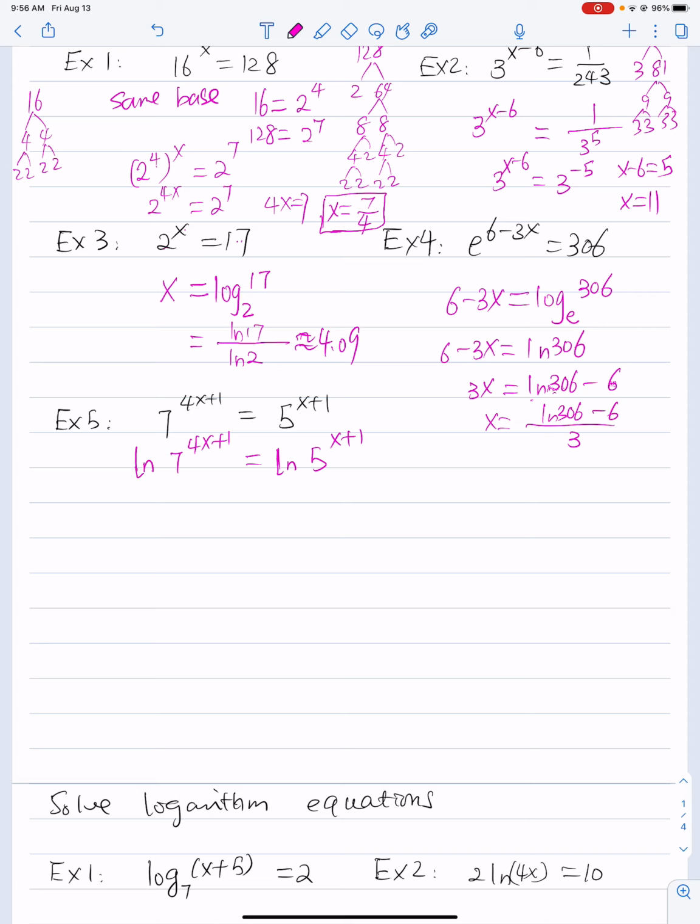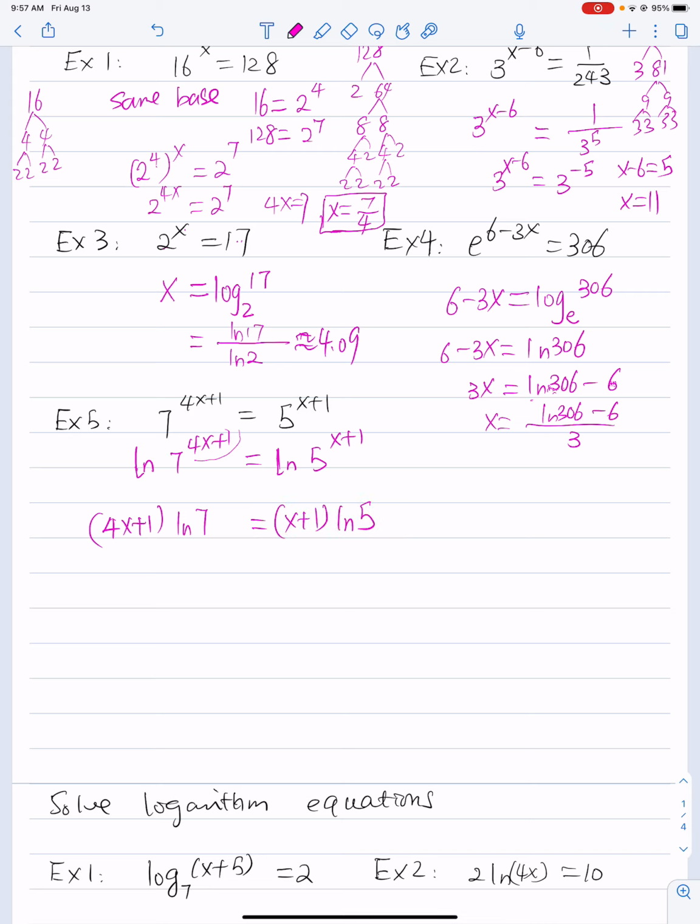Why do we want to do this? Because from the properties of logarithms, we know that the exponent can be moved to the front. So we have (4x plus 1) ln 7 equals (x plus 1) ln 5.